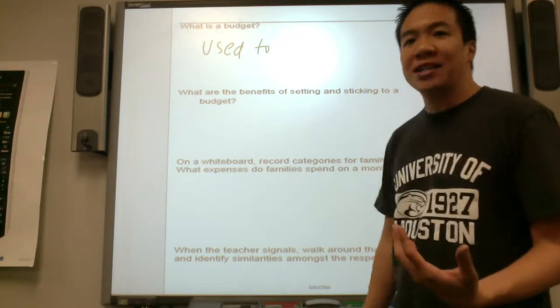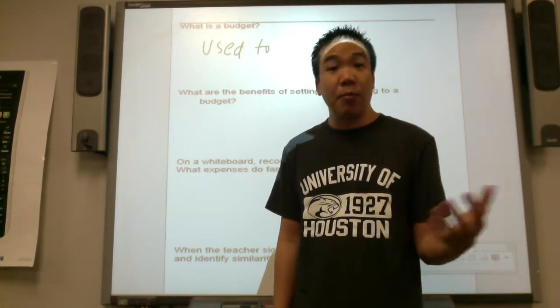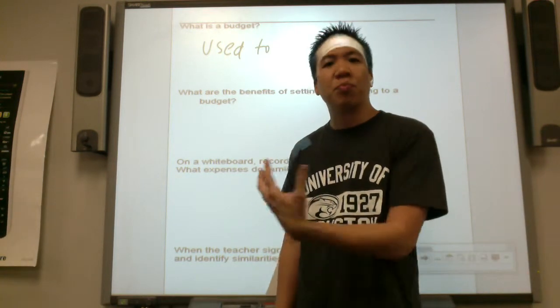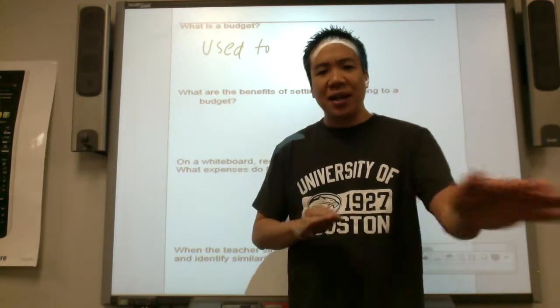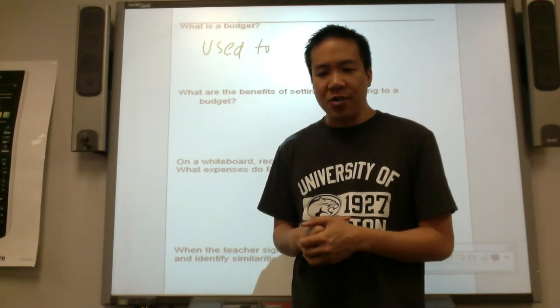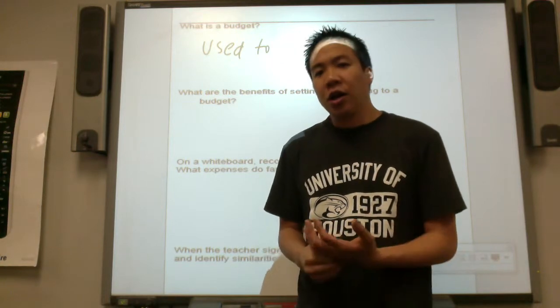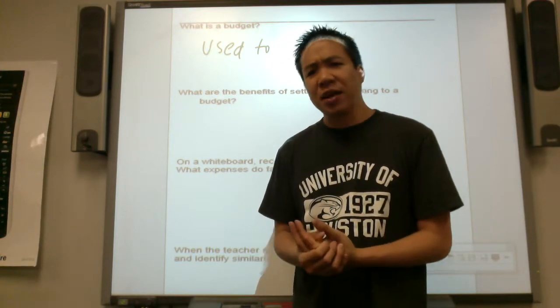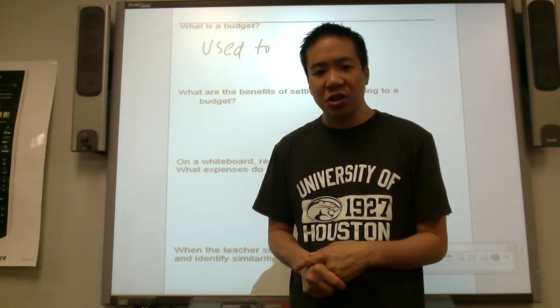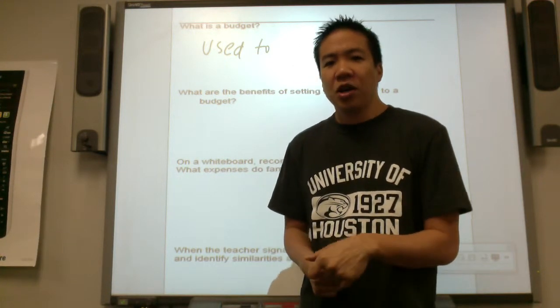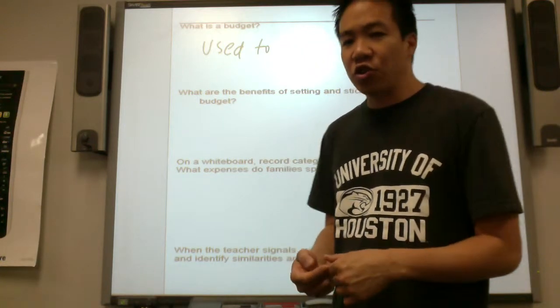So your parents probably do set up a budget per month, per 6 months, per year to track how much money they are spending and how much they are spending in different categories. Because most parents' goals are we want to save money because we do value your future college education. So we want to save enough money so you will be able to go to the university of your choice.